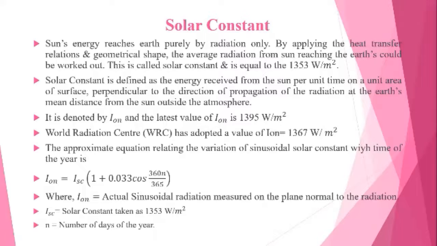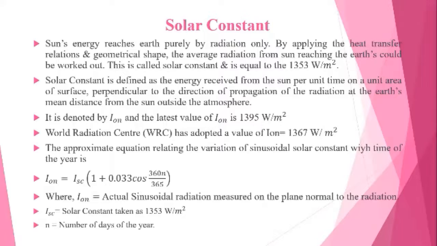From this ION, we can easily find the total solar energy incident on the entire globe. From this, we can infer that the total radiation received from the sun is enormous.